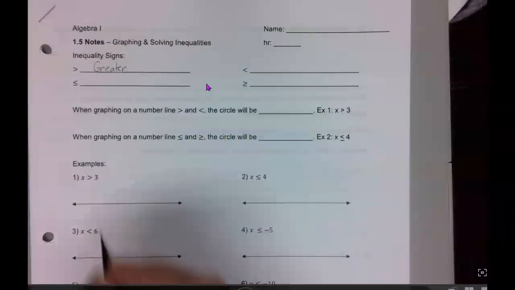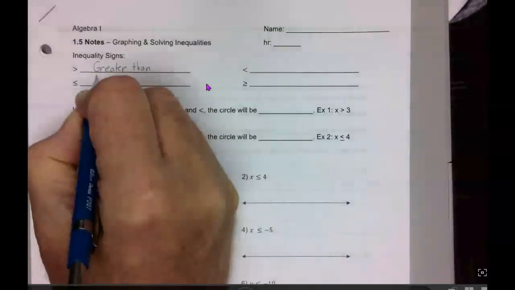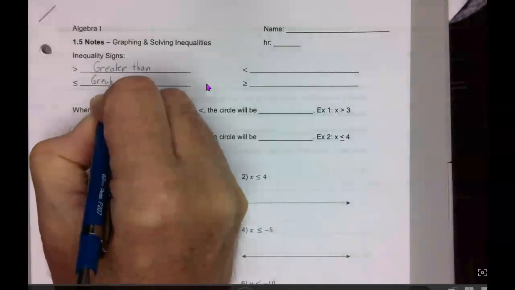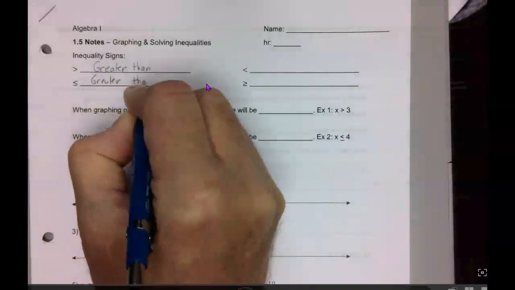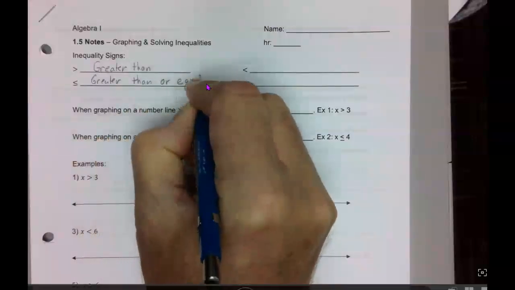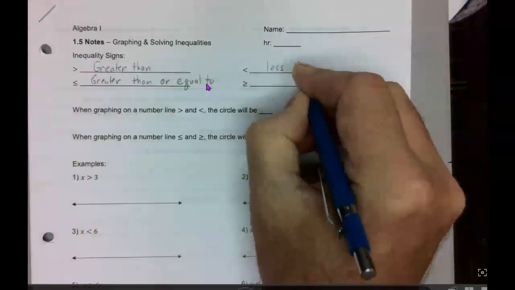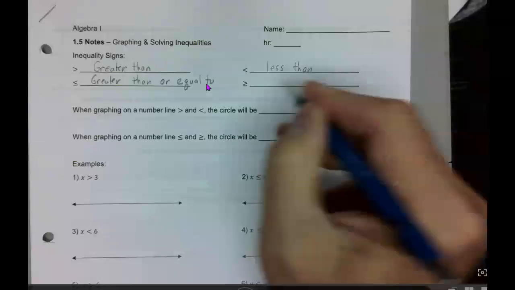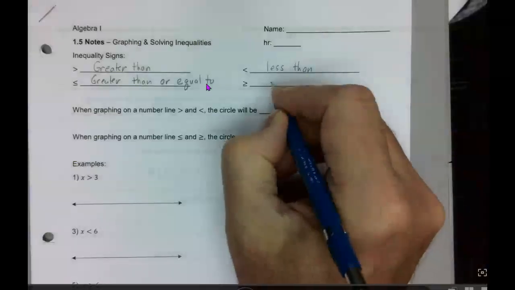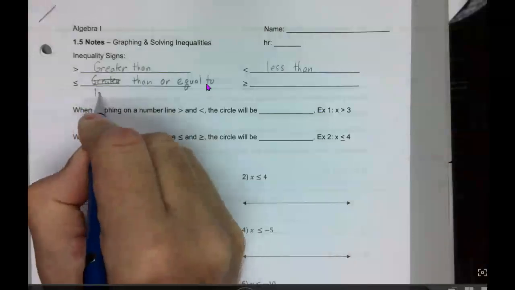Okay, this is greater than. This is greater than or equal to. This is less than. And this is, hold it, they reversed this on me. This is less than or equal to, my bad.